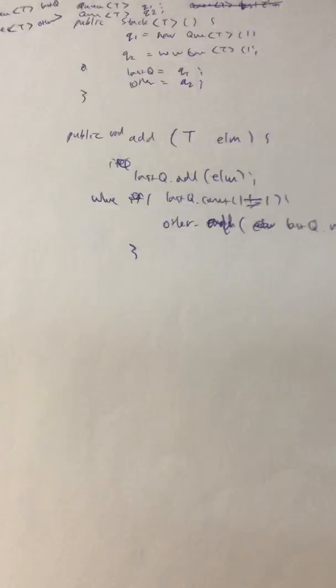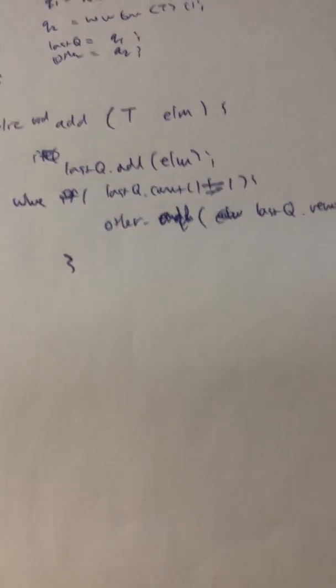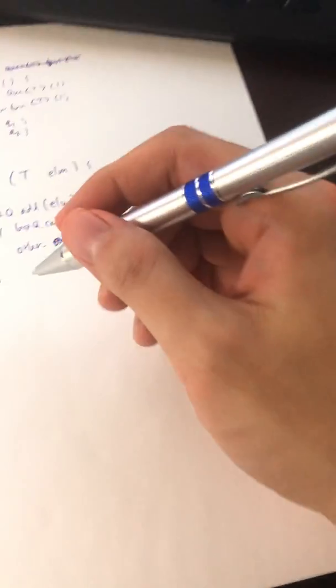So I'm moving whatever's in the last queue into the other queue. So the last queue will only store its own element.